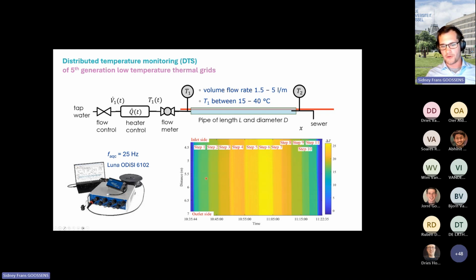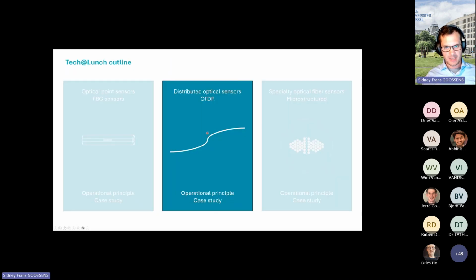And then different temperatures of water were passed through the pipe with 5 degrees incremental temperature. And you can see in the graph nicely the increment in temperature up to 40 degrees and then down again to room temperature. So we were able to measure the temperature at different locations along this pipe, not only for the flow rate, but also for the temperature of the water passing through the thermal grid.